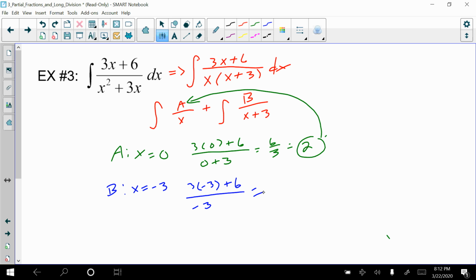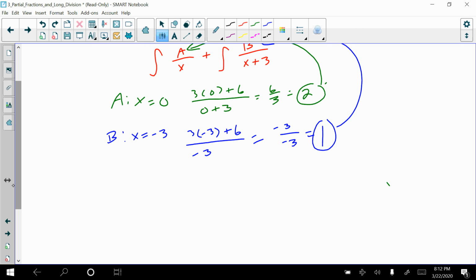So simplifying the numerator, I get negative 9 plus 6. So negative 9 plus 6 will be negative 3 over negative 3, which simplifies to be a positive 1. So that's the number that I will substitute for b.